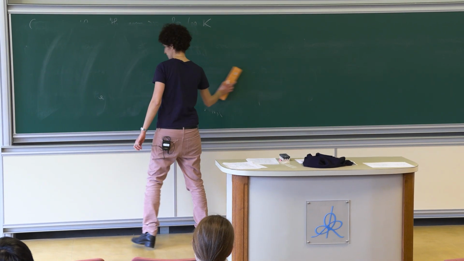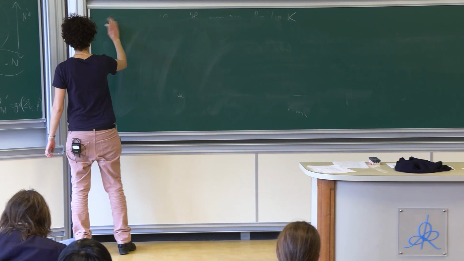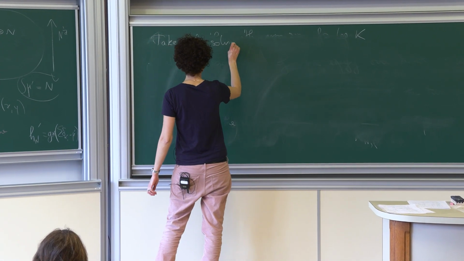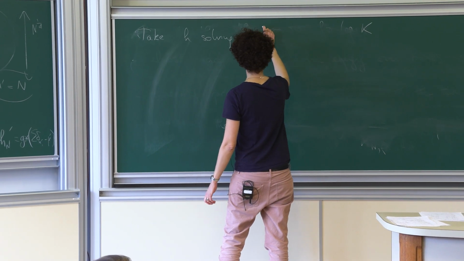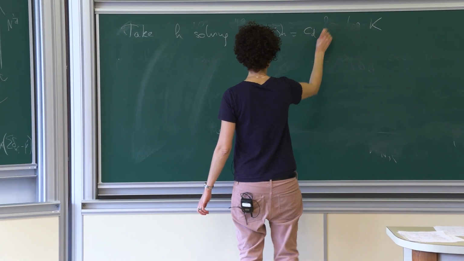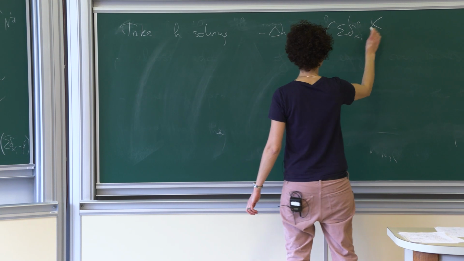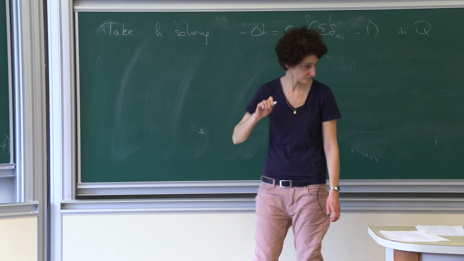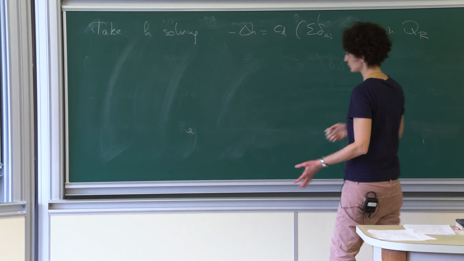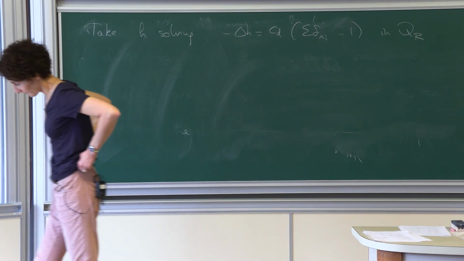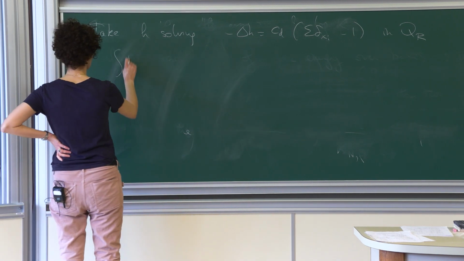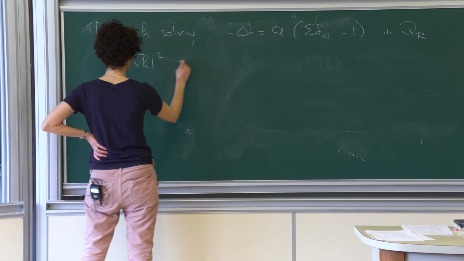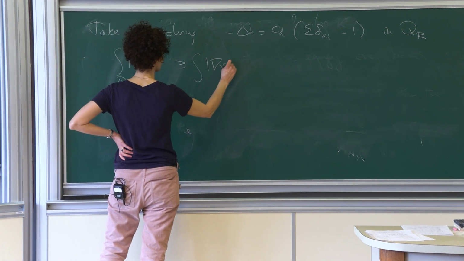So let's take H solving minus Laplacian H equals the same kind of thing in the box, but without giving boundary conditions. You don't know what the boundary conditions are. So the first claim is that this thing, properly renormalized, is always bigger than that one.